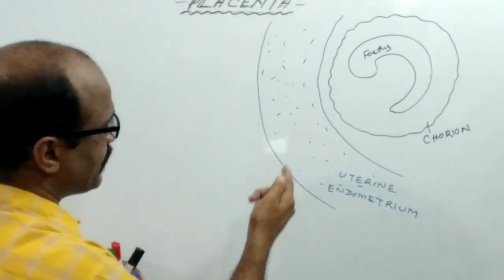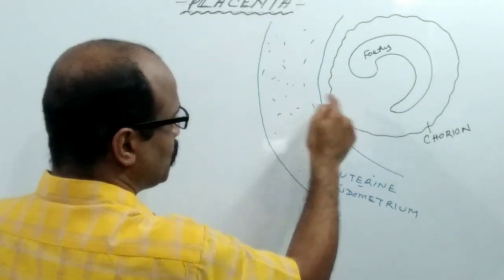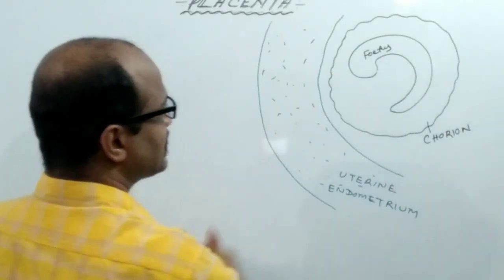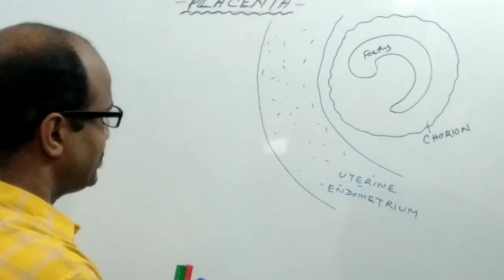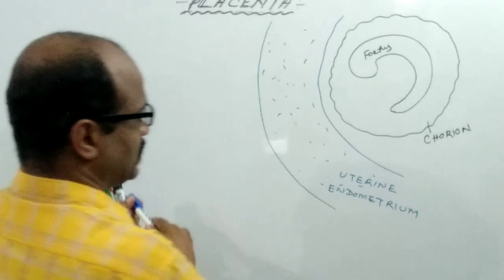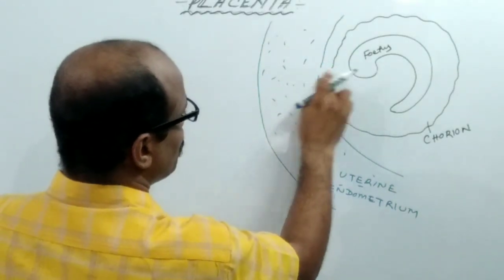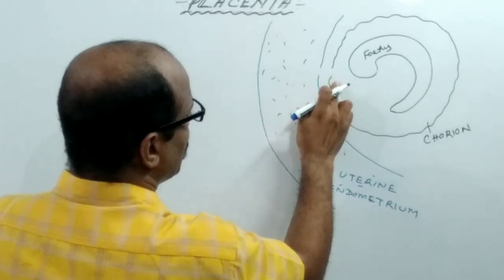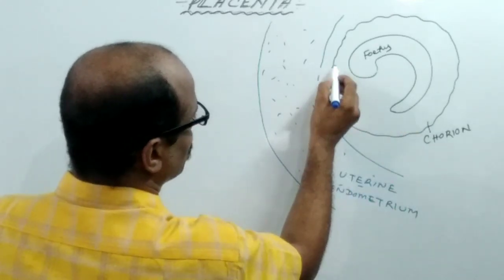So at the time of development, a structure is formed through which the fetus gets nutrition from the mother's body. What is the structure? The chorion. A finger-like projection is developed from the chorion.